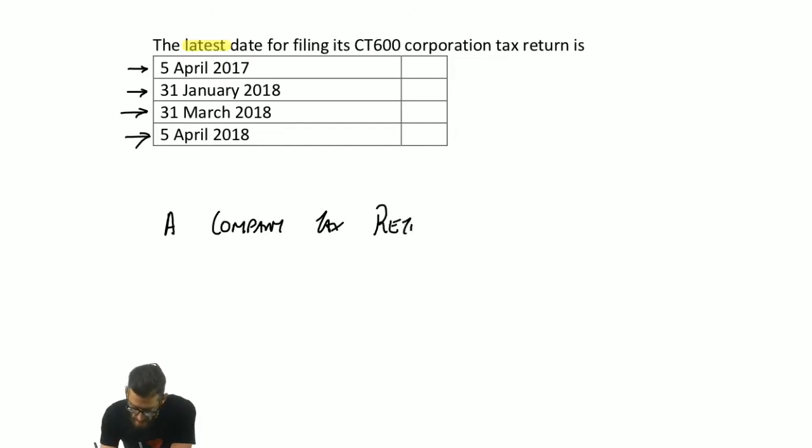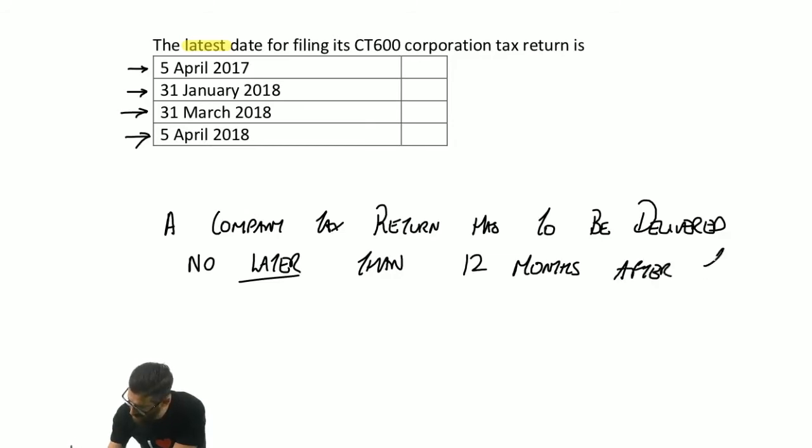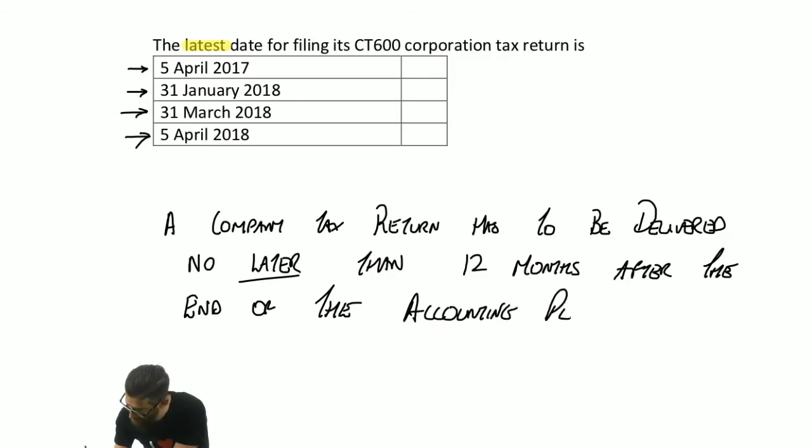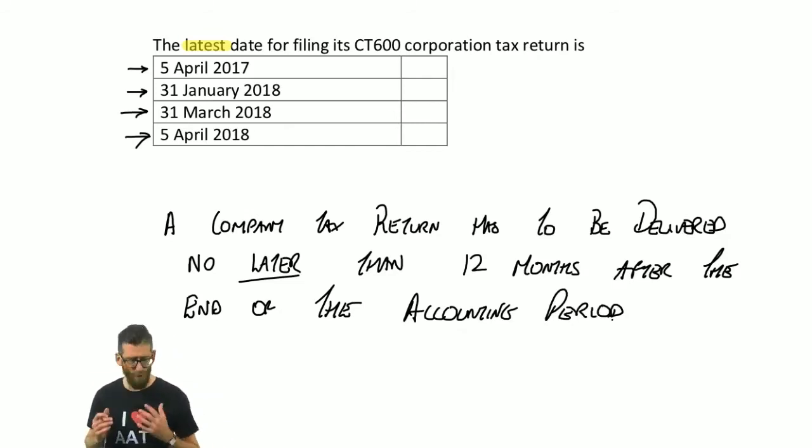A company's tax return has to be delivered no later than, you wait for it, 12 months after the end of the accounting period. That's the rule that you should have memorized. They have 12 months from the end of their accounting period.